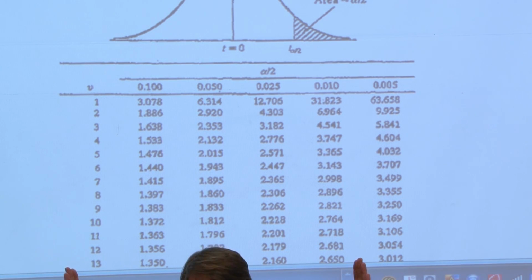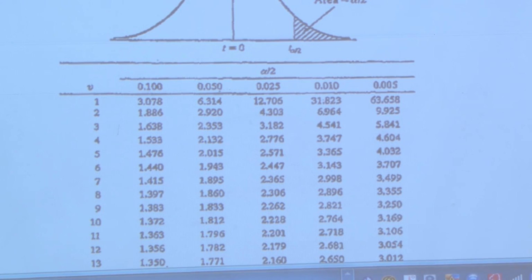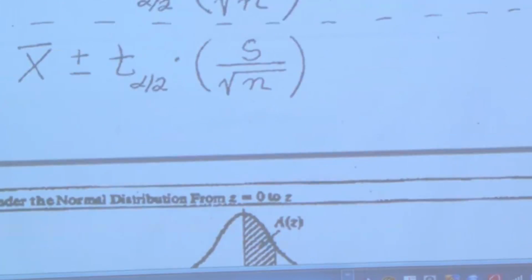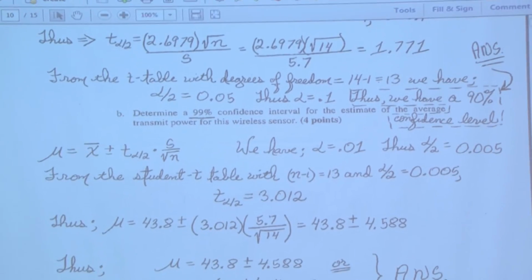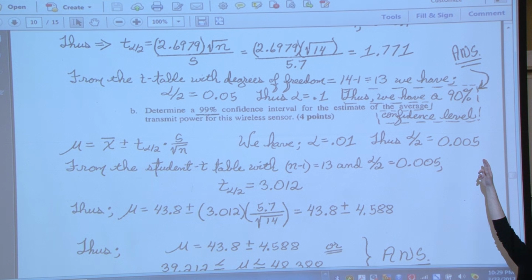What's the area between those two numbers? 0.9. 90% confidence interval. Okay? So we have a 90% confidence interval.